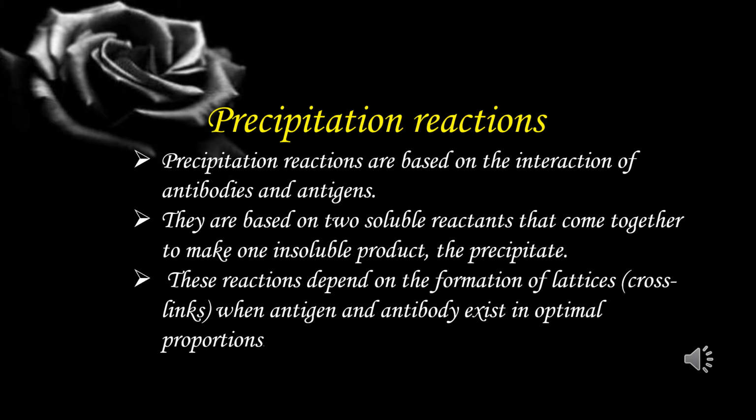When there is an excess of either component, either the antigen or the antibody, it might reduce the lattice formation and the subsequent formation of precipitation too. The precipitation reactions differ from agglutination reactions mainly in the size, the solubility of the antigen, and the sensitivity.